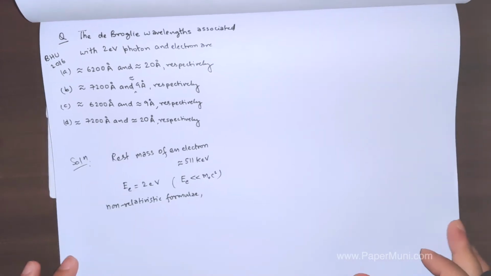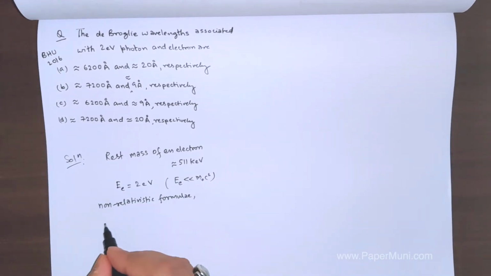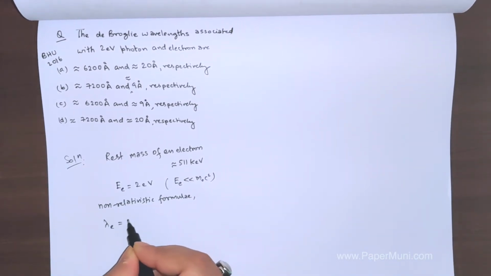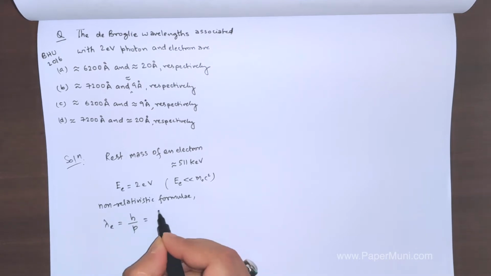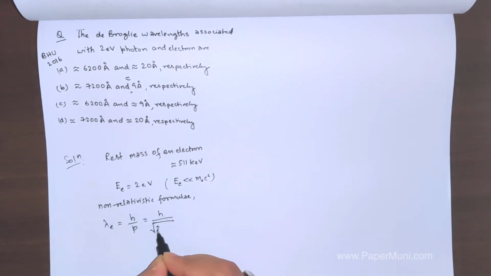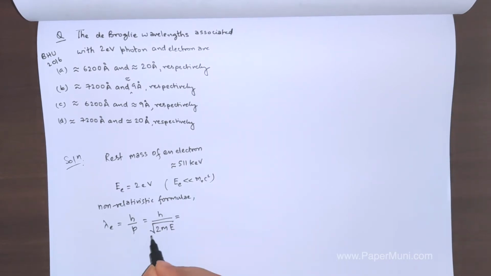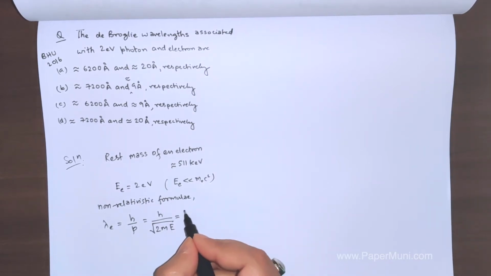Now, the de Broglie wavelength of the electron, lambda, is h by p. So this is equal to h by root 2mE. We had used this formula in the previous part.